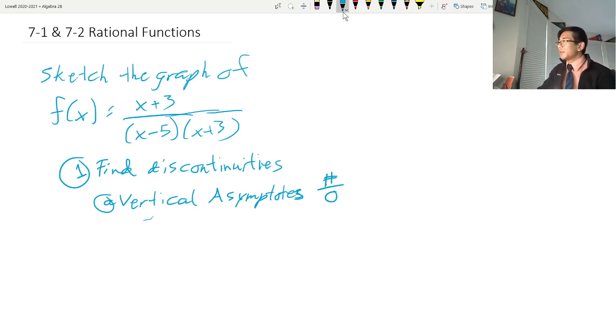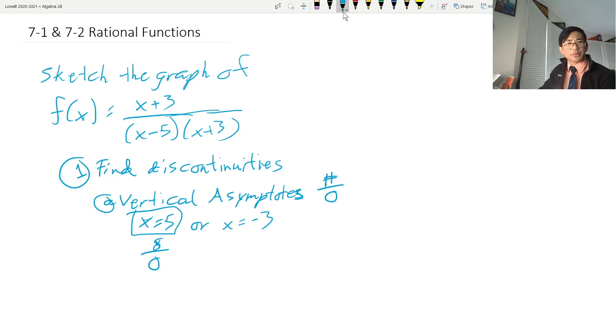There are two options, because our denominator has two factors which could both potentially be 0. The answer is either x equals 5 or x equals negative 3. When I plug in x equals 5, on top you get 8 and on the bottom you get 0. And so this is where we're going to find our vertical asymptote.